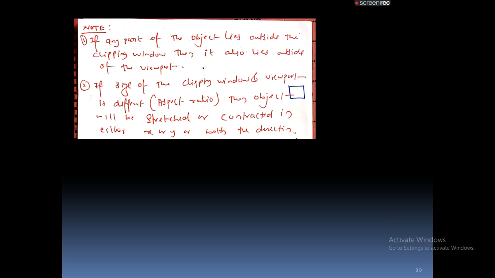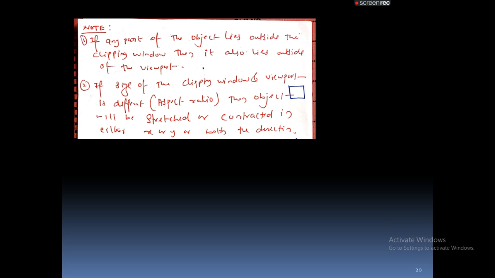Imagine how the objects are displayed on the screen. If I rotate the same screen by 90 degrees, imagine how the image looks. The objects on the screen look stretched, because we changed the aspect ratio from 4 by 3 to 3 by 4.